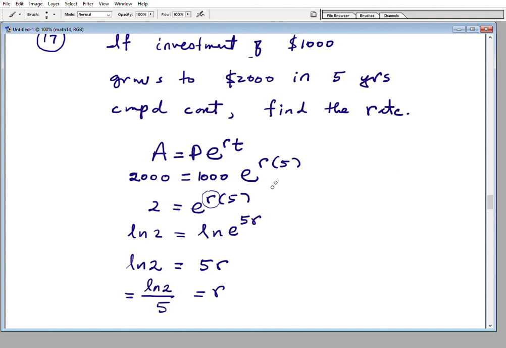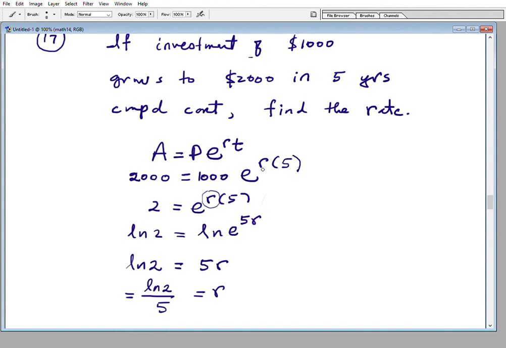Okay, one second. Investment of $1,000 grows to $2,000 in 5 years, compounded continuously. 1,000, 2,000. Okay, what did I do? Here we have to put for the rate. Oh no, 5 years. That's 5 years. This is t, not the rate.